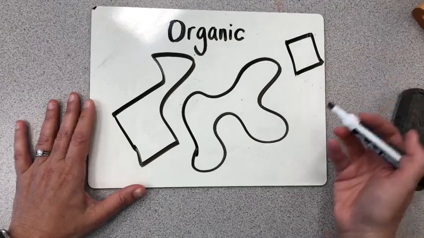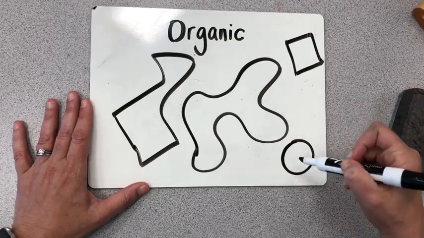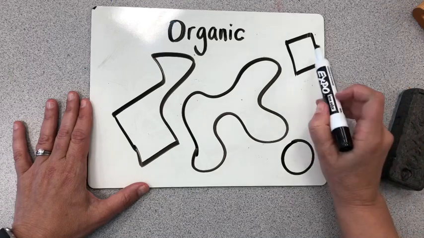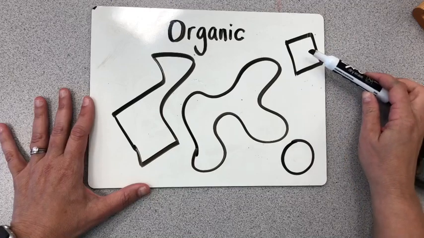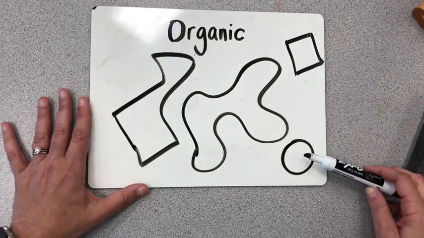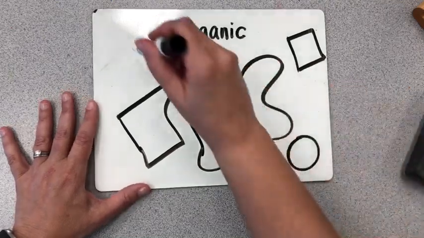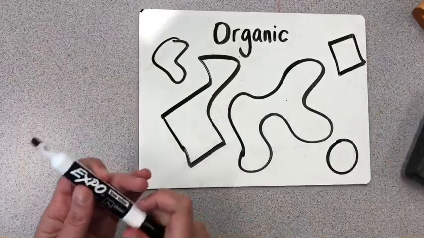It's a square. That is a geometric shape as well. I may have misspoke, but it's a square, so it's a geometric shape. This is a circle. It is a geometric shape. That is an organic shape, okay?